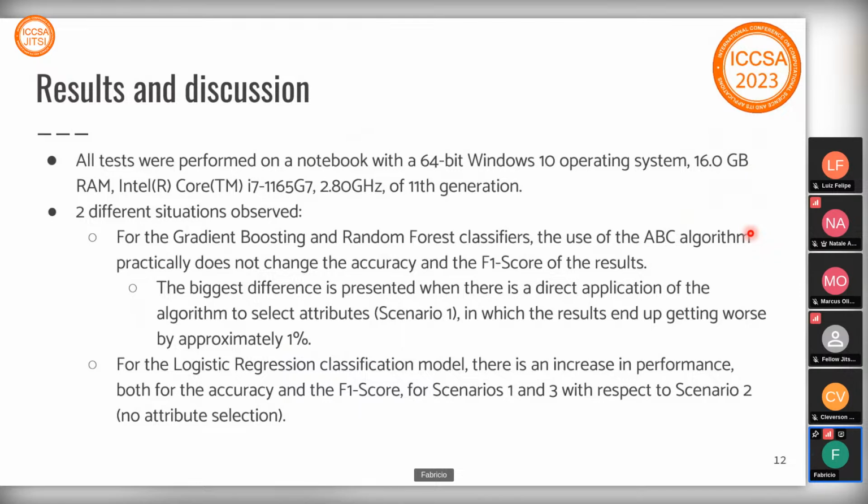The other situation is that for the logistic regression classification model, there was an increase in performance, both for the accuracy and the F1 score, in both scenarios 1 and 3, relative to scenario 2, which is the baseline with no attribute selection.